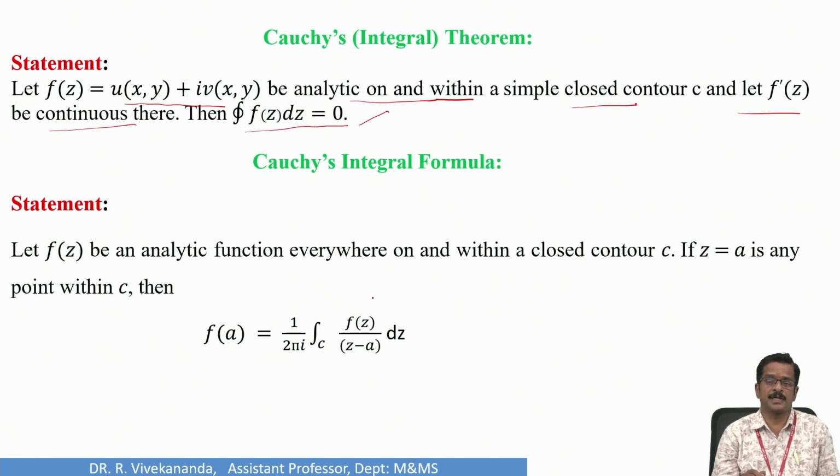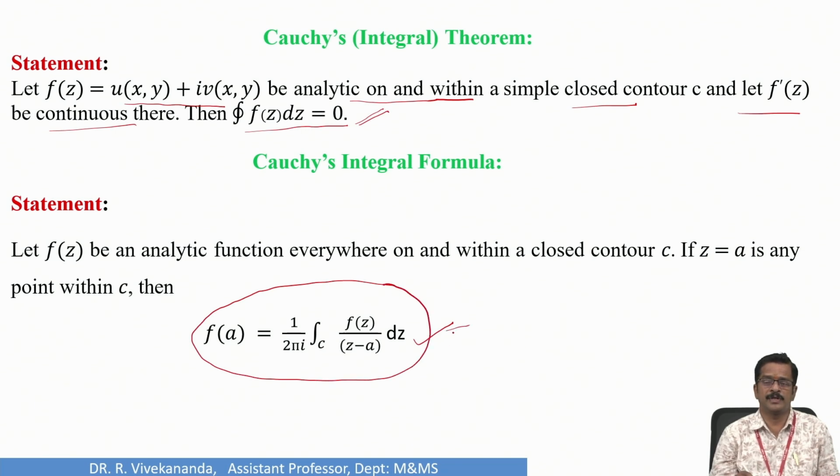Next, Cauchy's integral formula. If no singular point exists and the function is analytic everywhere, then the integration is going to be 0. If there is any singular point, we have to take Cauchy's integral formula.